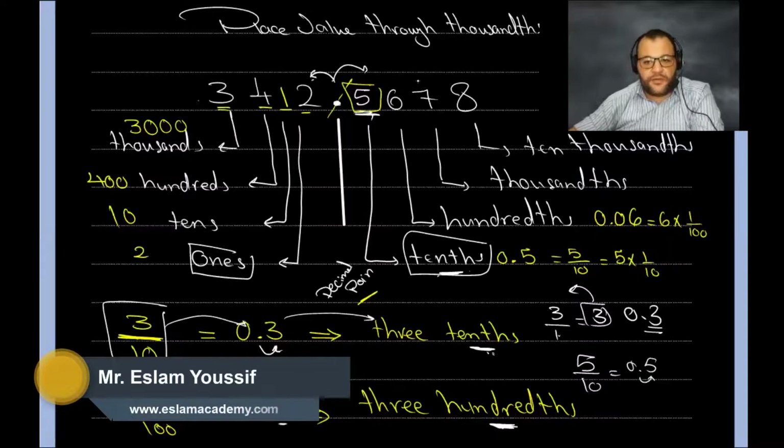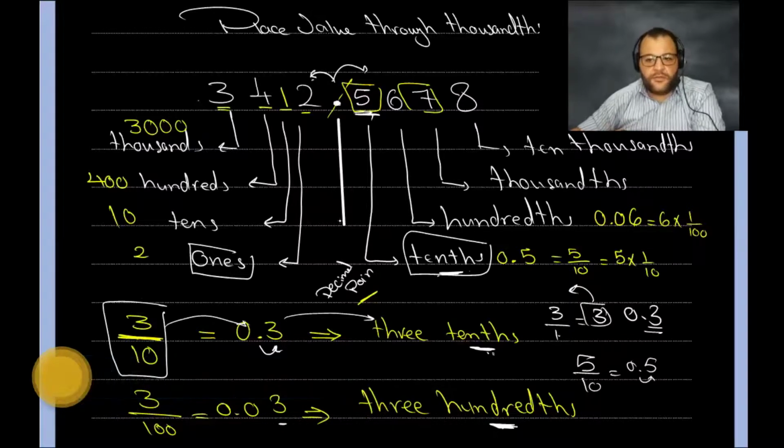Again for 7. Who can give me the value of 7? 7 is in the 1,000th place. So how can I write its value? Sayyid Ahmad? No. I say, what is the place value of 7? 7 multiplied by 1/1000.